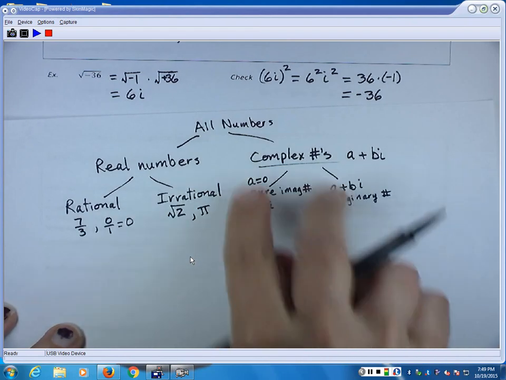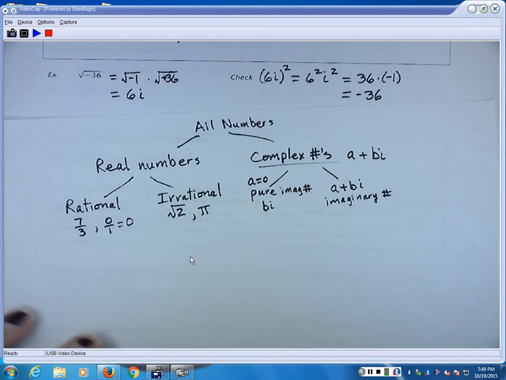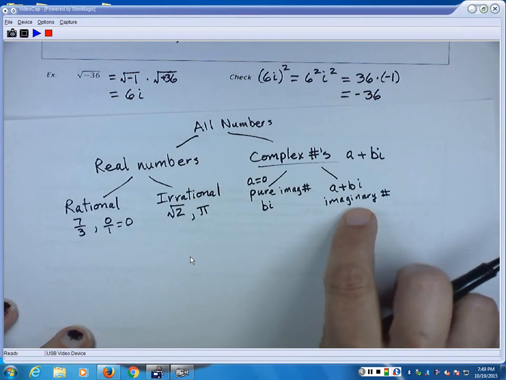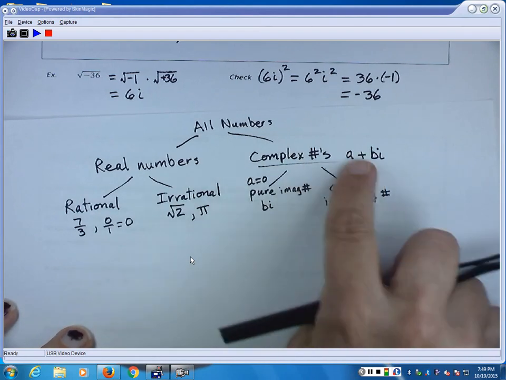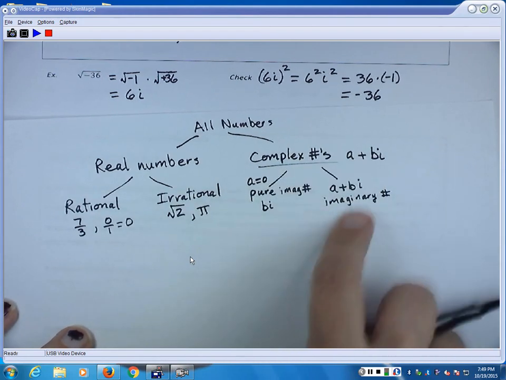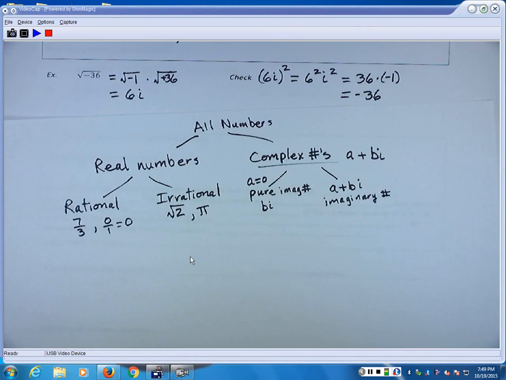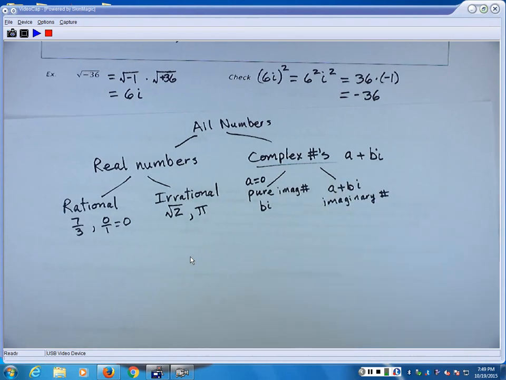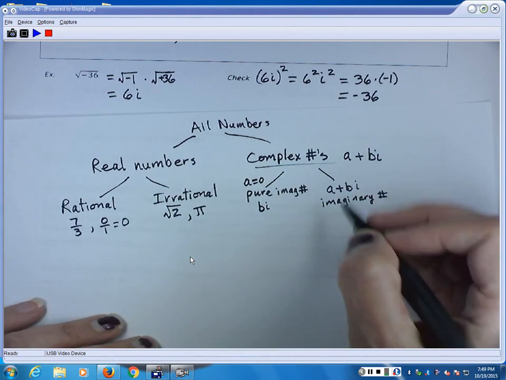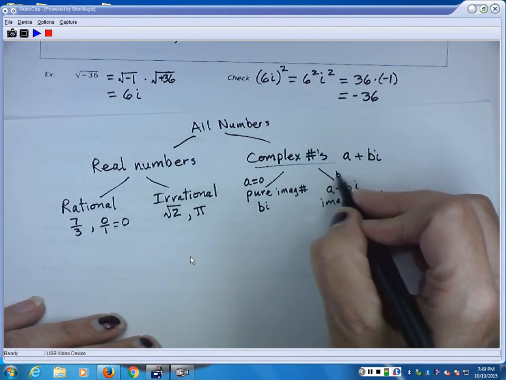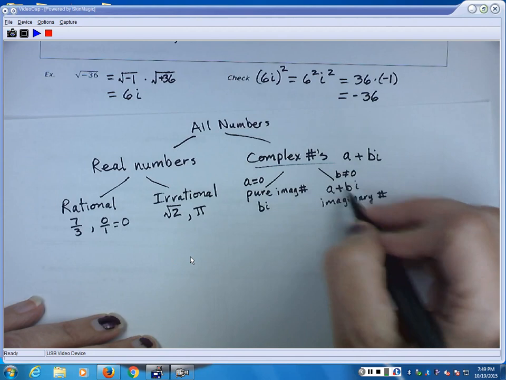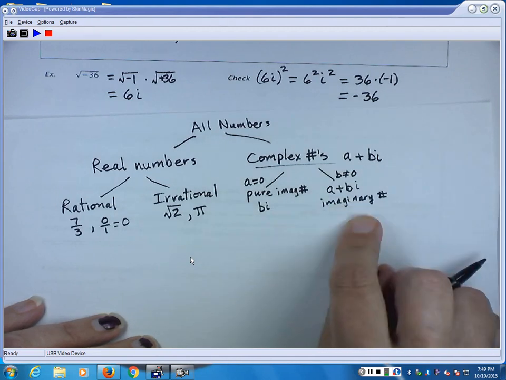So these are all in the complex numbers. Sometimes we interchange what these are called; we can call them imaginary numbers or complex numbers. If b is not equal to 0, you have imaginary numbers.